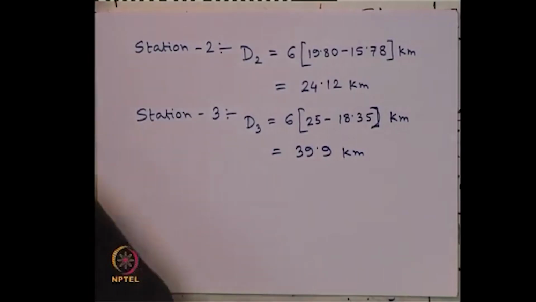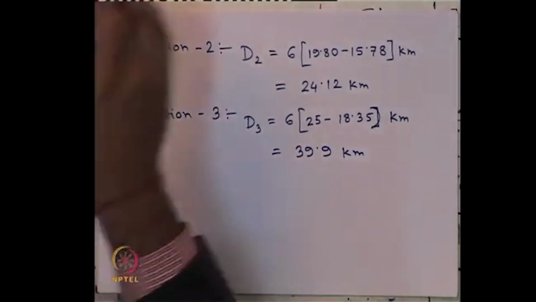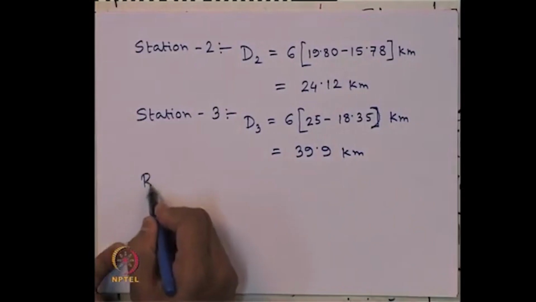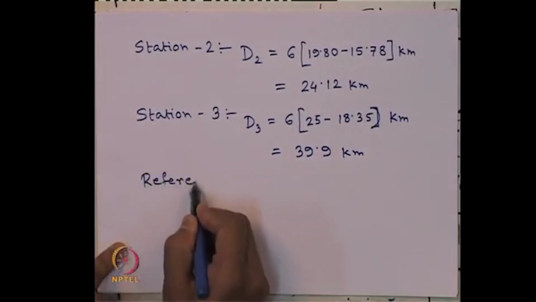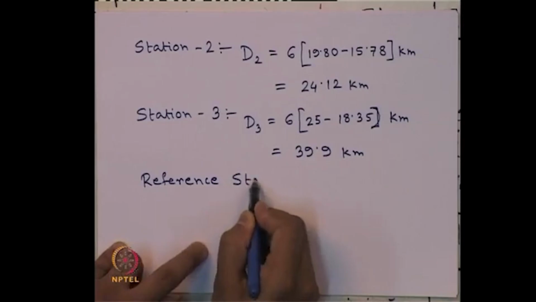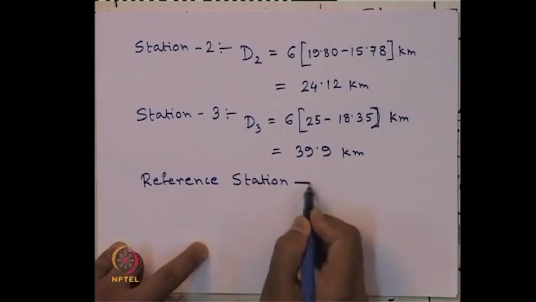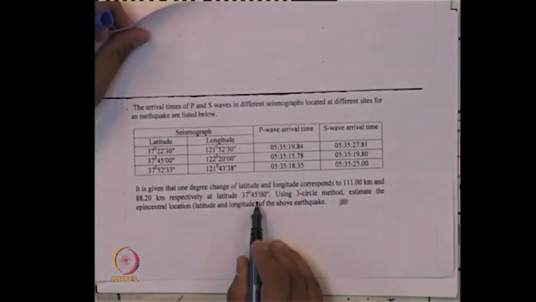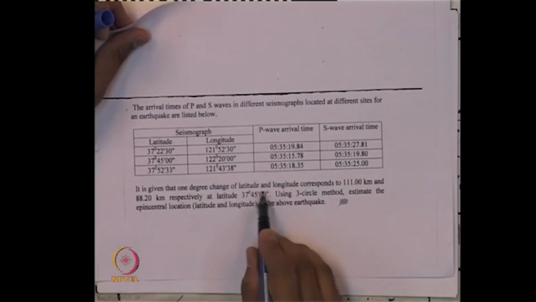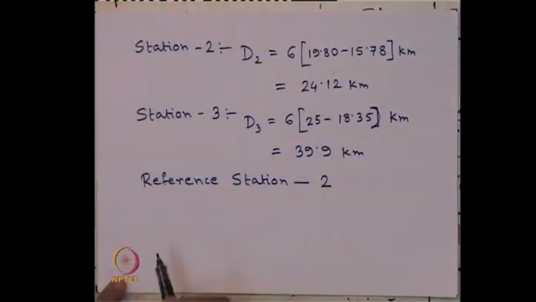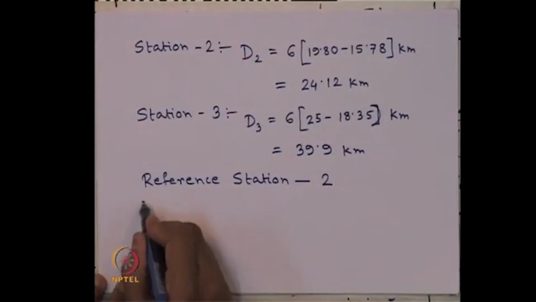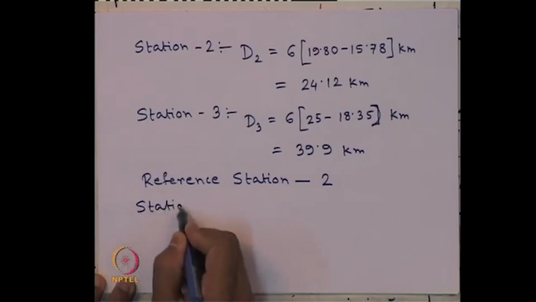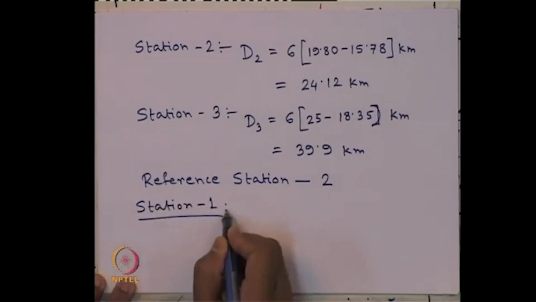So, now, if we take our reference station, the reference station will be station number 2, because for station number 2 the latitude is given, and corresponding to that, the change of latitude corresponds to how many kilometers and longitude how many kilometers is given. So, that is why you have to identify which is your reference station. Now, how station number 1 is located, we have to find out.